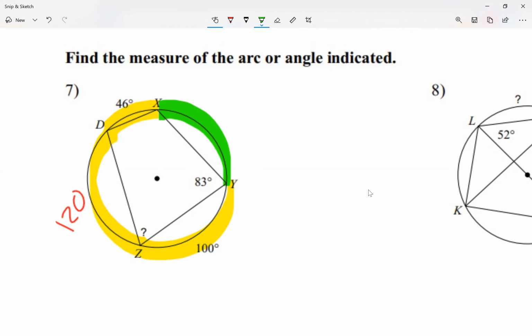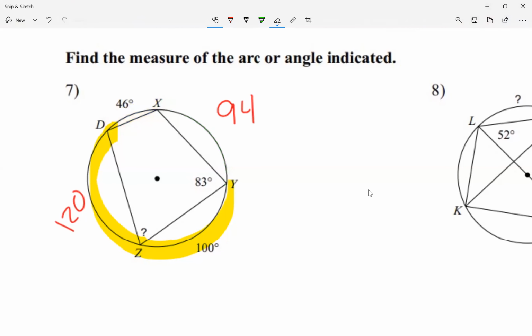So the three yellow ones is 266. I'm going to say the green arc happens to be 94, because I know the whole circle is 360. The yellow part was already 266, so I just needed 94 more to complete the circle. So the green arc is 94.